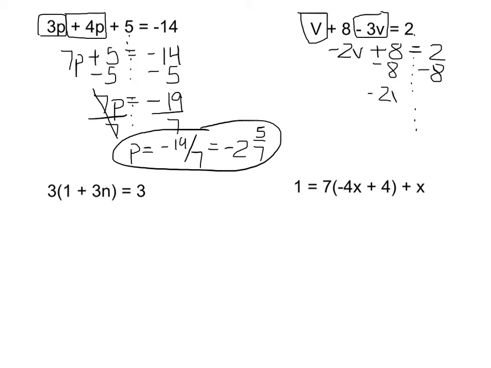That means the 8's cancel, the negative 2v comes along. 2 minus 8 is negative 6. I'm dividing by negative 2. A negative divided by a negative ends up giving me a positive 3.